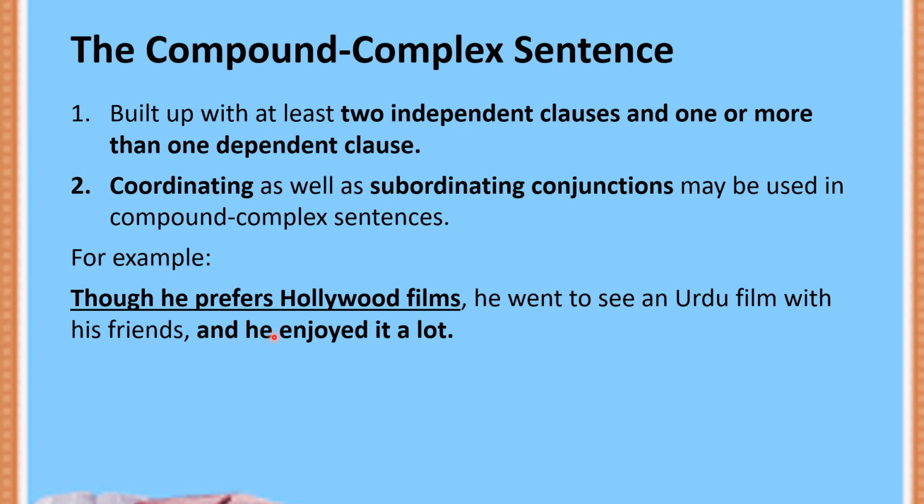Similarly, and he enjoyed it is also an independent clause. So this sentence has one dependent and two independent clauses. The first clause is dependent while the other two clauses are independent clauses. Here I have mentioned that this first clause is the subordinate or dependent clause.